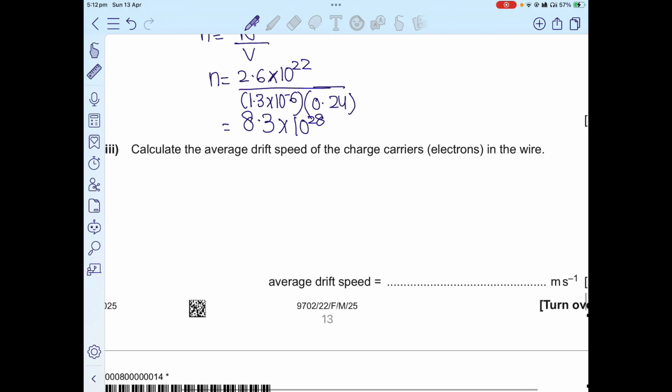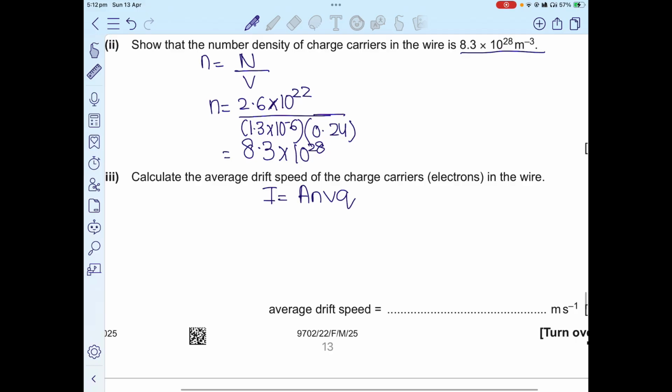Calculate the average drift speed of the charge carriers in the wire. Now there's a formula for the drift speed: I equals A n v q, where I refers to the current, A is the cross-sectional area, n is the number density of charge carriers, v is the drift speed, and q is the charge on a single electron.